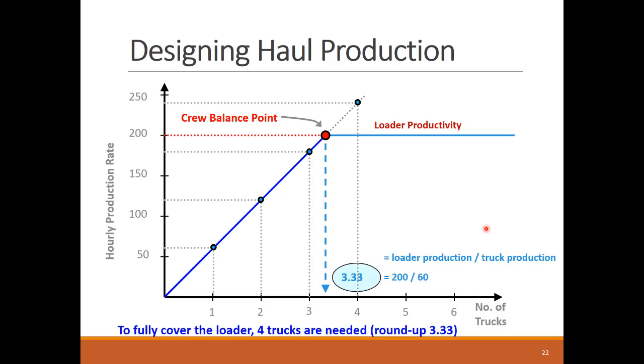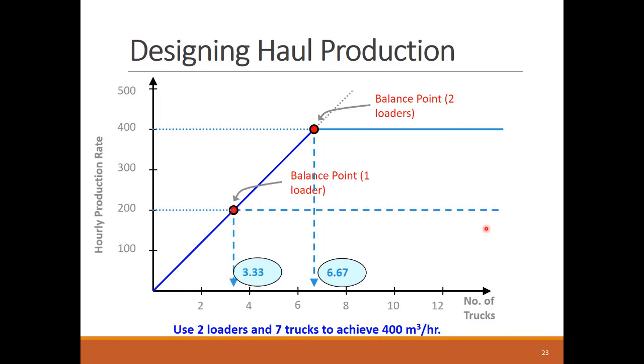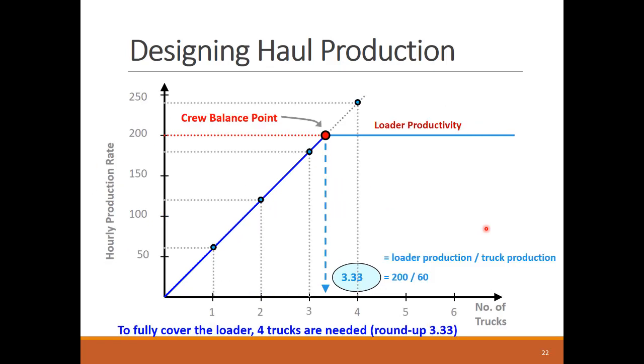This point can be easily calculated by dividing the loader production over the truck production. So theoretically, we need 3.33 trucks to fully cover a single loader. Of course, we have to round up to 4 trucks if we want to have the loader 100% utilized, but the trucks will be slightly underutilized.